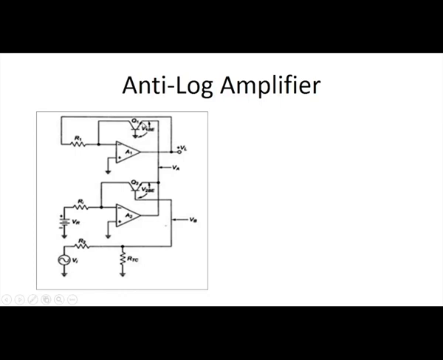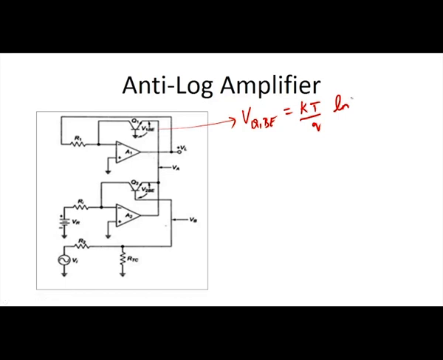First, we have to write an equation for the base emitter voltage of Q1. This is VQ1 BE, written as kT by q natural logarithm of its input. Its input is actually the output voltage, which is given as the input of the amplifier.